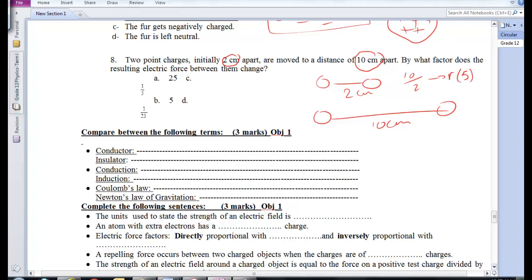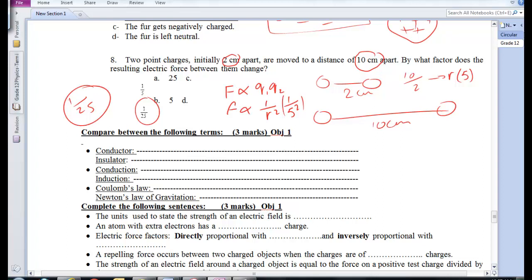What would be the new force? We know that the force is directly proportional to Q1 and Q2 and inversely proportional to 1 over R squared. Don't forget the square value, which means that F is proportional to 1 over 5 squared, so it is going to decrease by a factor of 1 over 25.